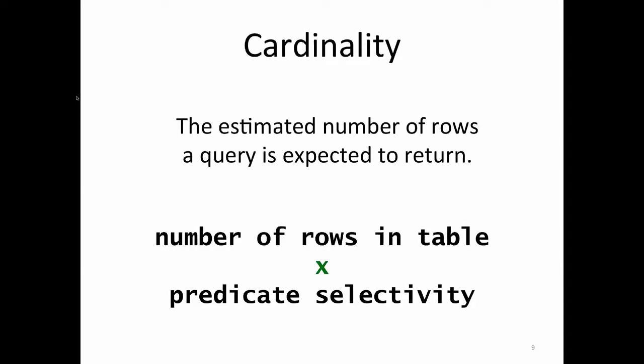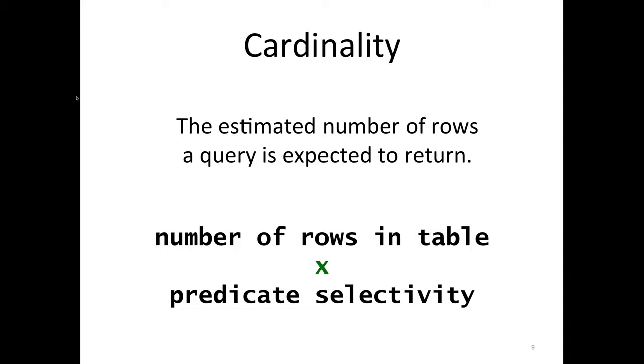So the formula for that, if you want to determine what that number of rows is, you simply take the total number of rows in the table and you multiply that by the selectivity for a given filter. Now that's predicate selectivity. It basically says take what is in your where clause and determine what percentage of the rows in that table will be returned based on that filter or condition in the where clause.